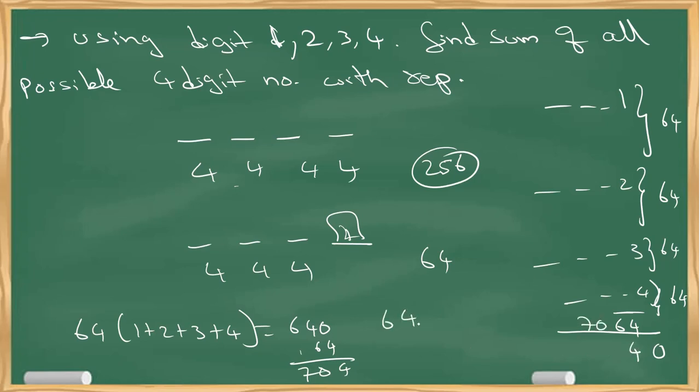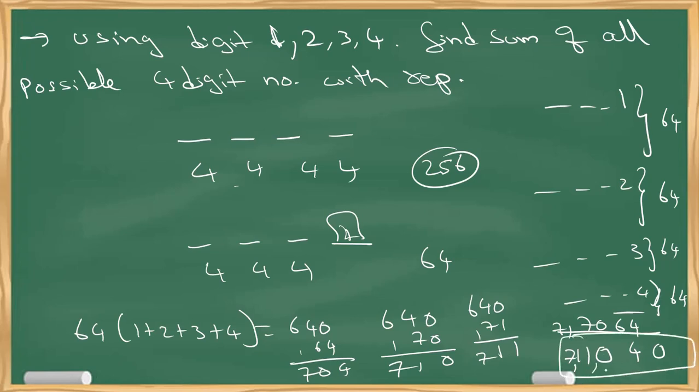Again you will get 640. 640 add with 7, 710 you will get. Now again this time 0, 71 goes carry. Again you will get 640. 640 plus 71. So 1, 1, 7. So final answer would be 711,040. That is the answer.